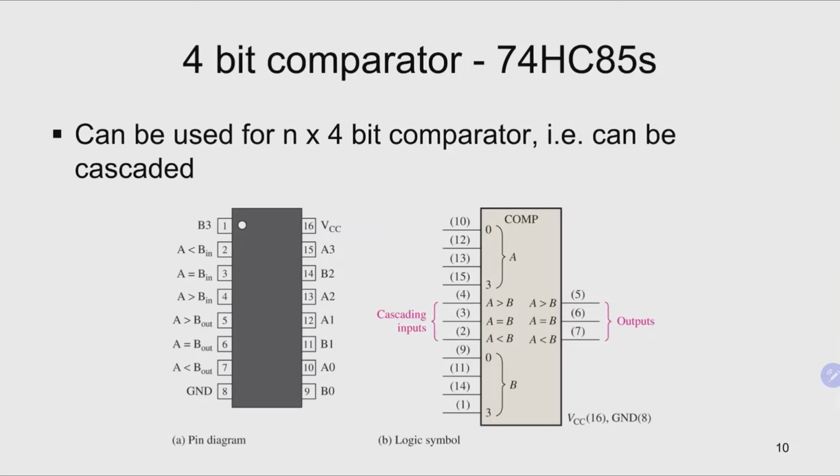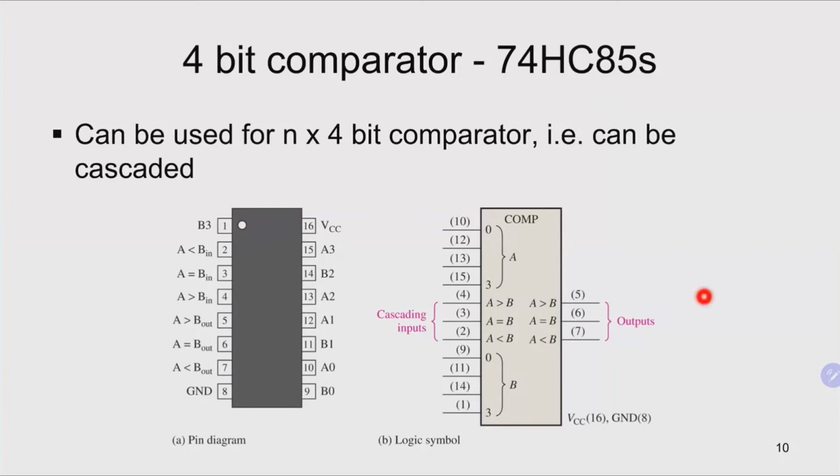But practically, a comparator you can buy off the shelf. Here's an example of a 4-bit comparator, which has the part number 74HC85, and this is a 4-bit comparator.